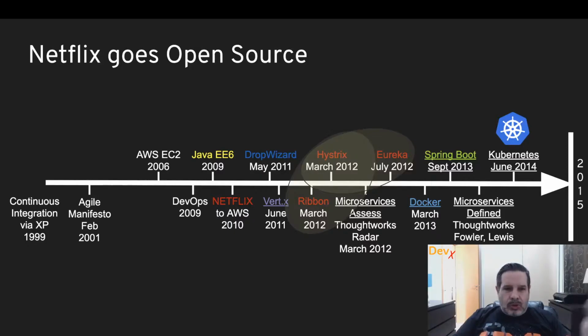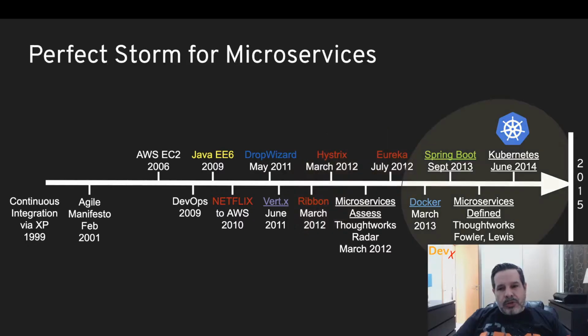And they, of course, explained their architecture and released their project as open source, which helped a lot of other companies to start producing what would become microservices.